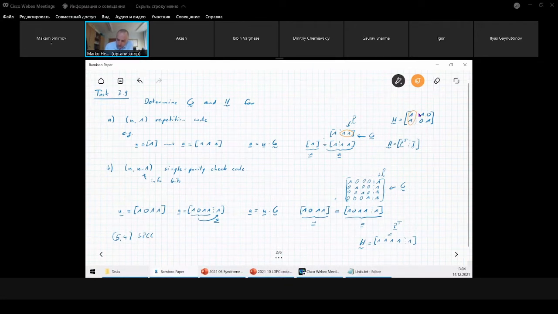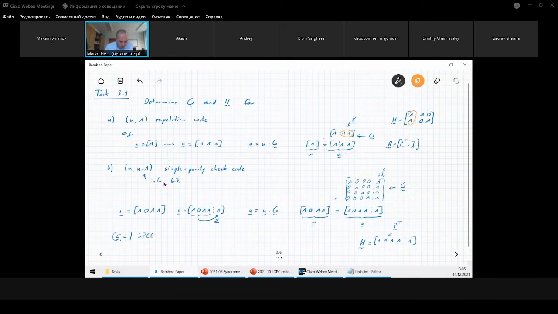And these will be the rows being orthogonal to all our valid code words. So just note again, the rows of H are orthogonal to the rows of G. If you build the scalar product, the result will be 0. This is the orthogonality which we tried to illustrate in this one drawing with the spaces.